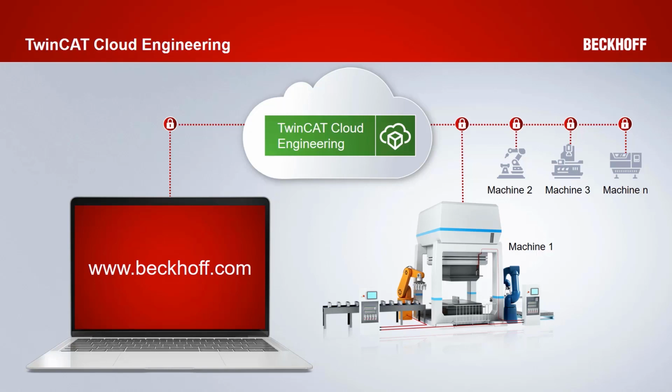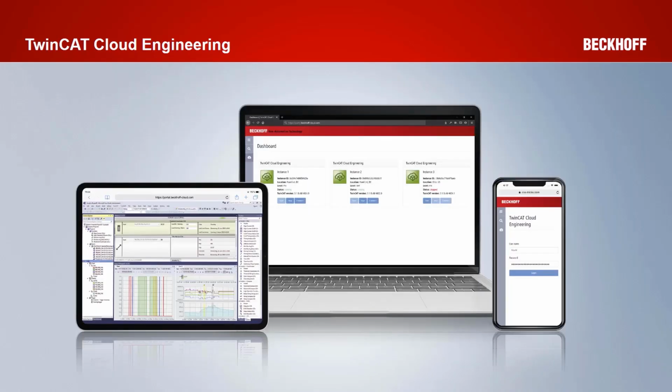And from there they can use the TwinCAT engineering environment in order to work on their machine projects. Then they have a secure communication channel to physical controller hardware as well, and everything is happening from inside of the web browser.